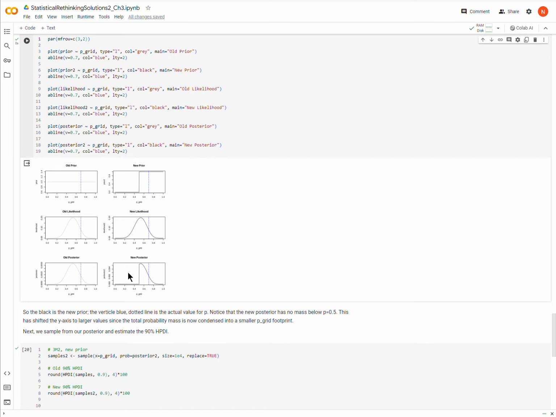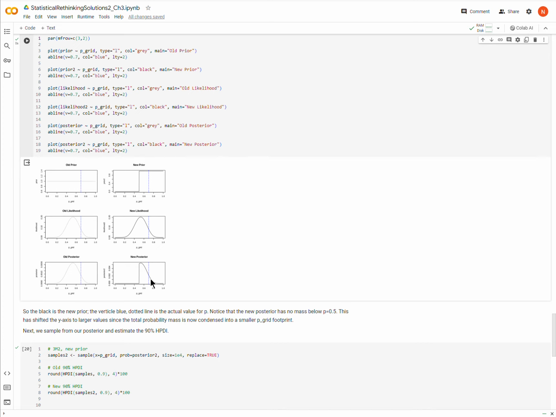Why? Because all of the probability mass that was over here in the old posterior has been shifted to the right where probability mass is allowed. So even though they look the same on first inspection, there's actually a higher probability density associated with the true value on the new posterior, simply because we took probability mass from these sections and shifted it over to the new sections.